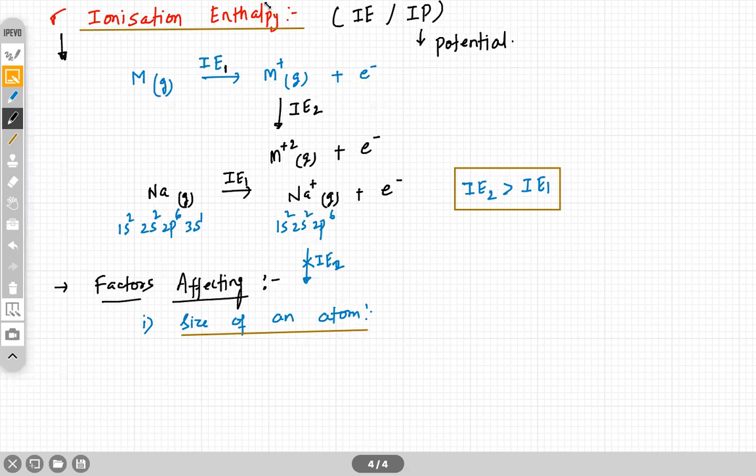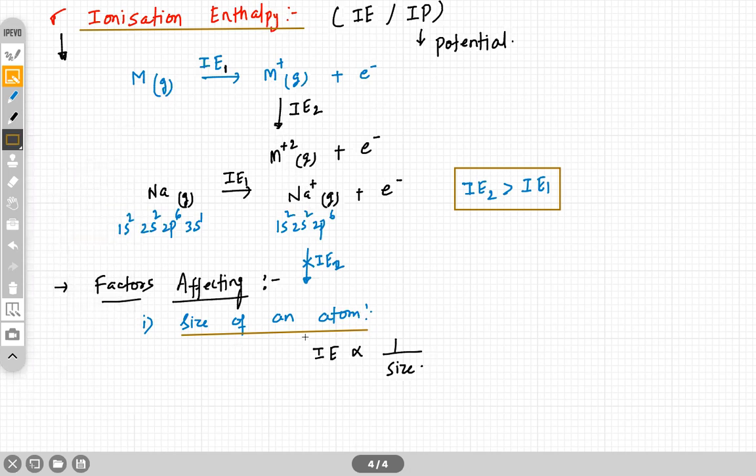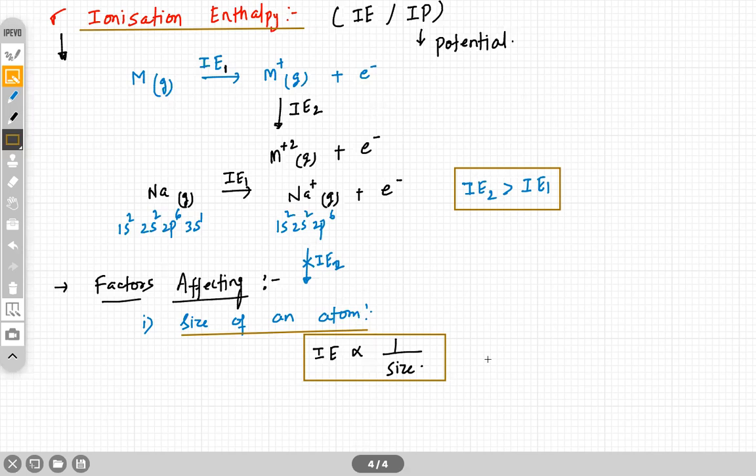Size increases, ionization energy decreases. So write down, ionization energy, IE, is inversely proportional to the size of an atom.